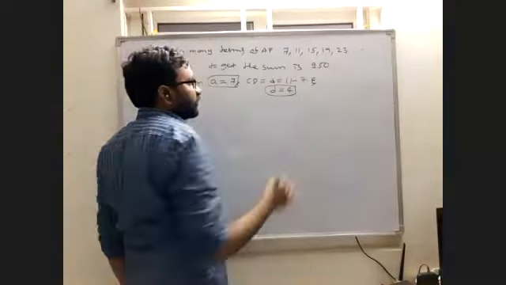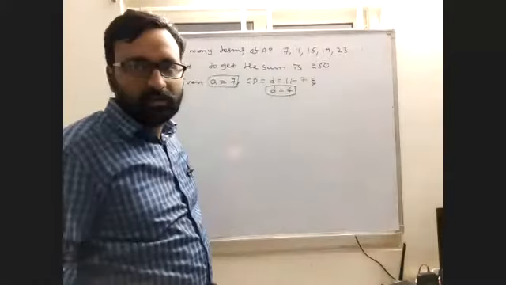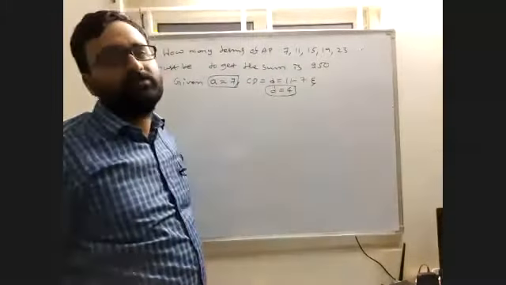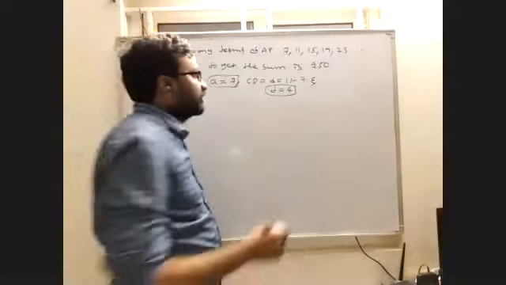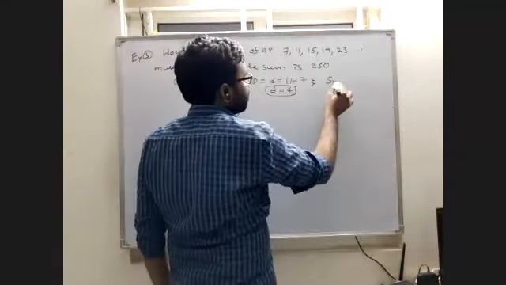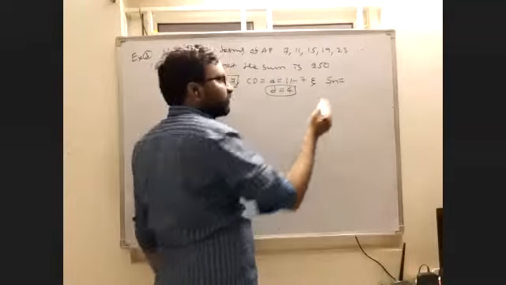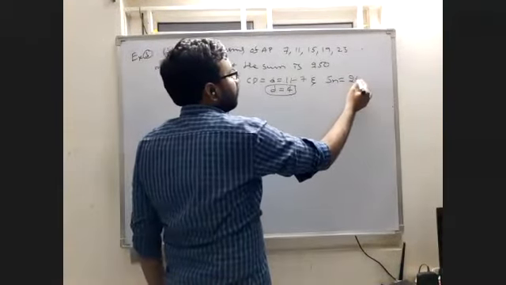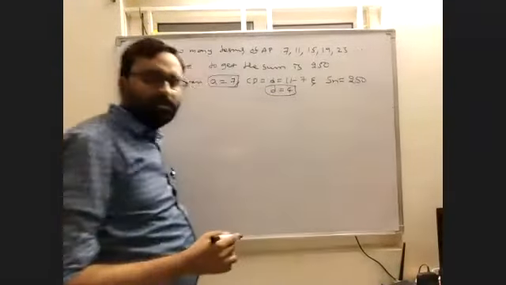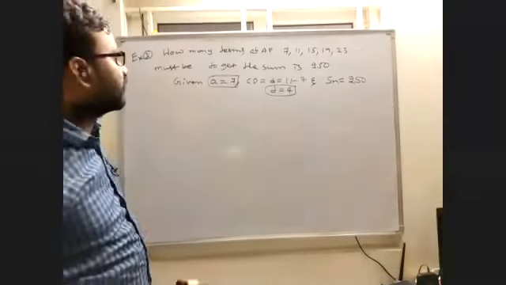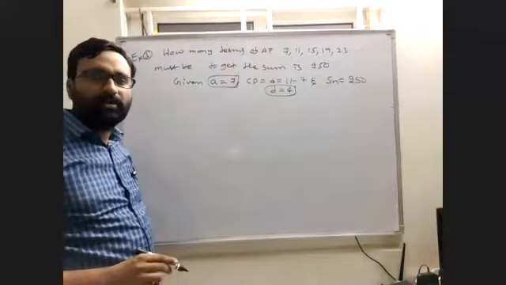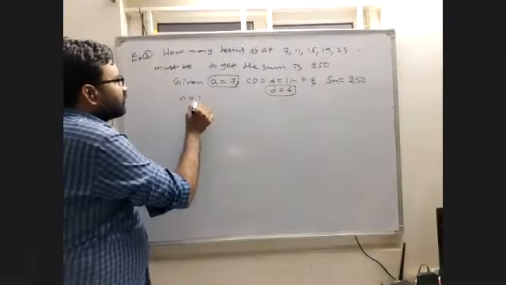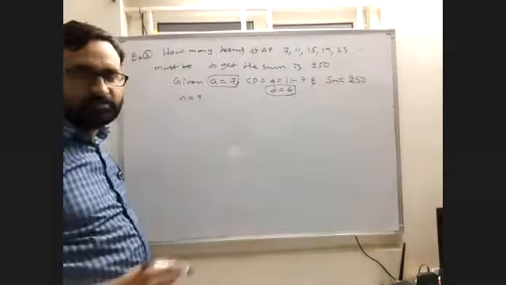Also one more thing is given: the sum of terms, Sn, is equal to 250. Now we have to find how many terms, small n. The number of terms is what is being asked.